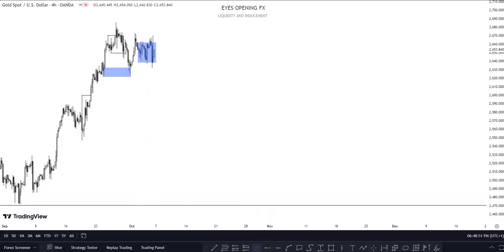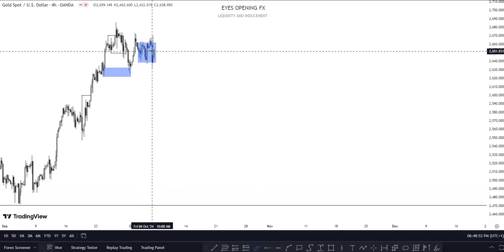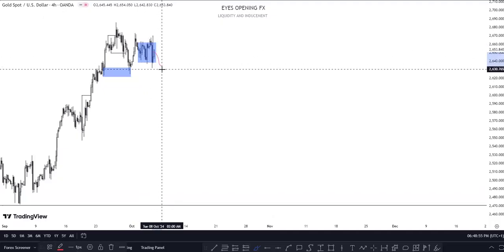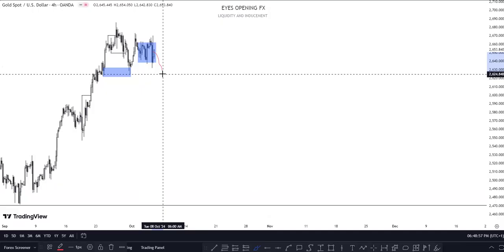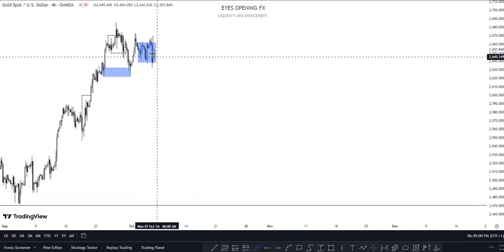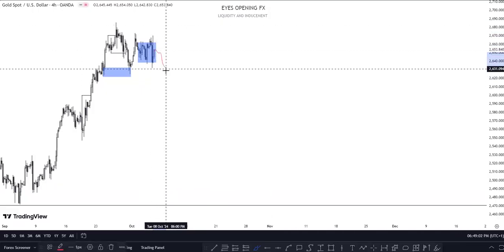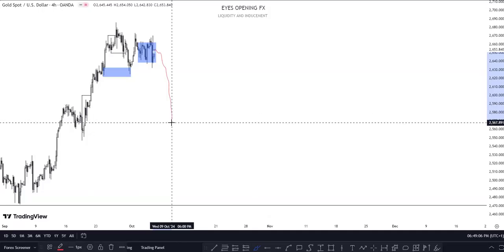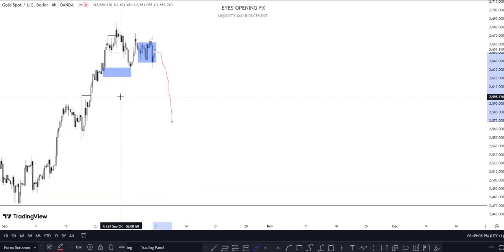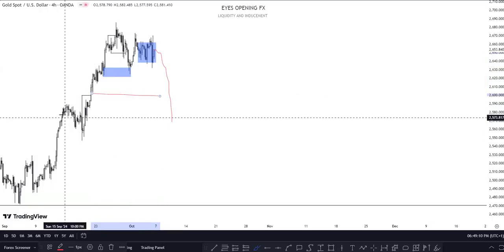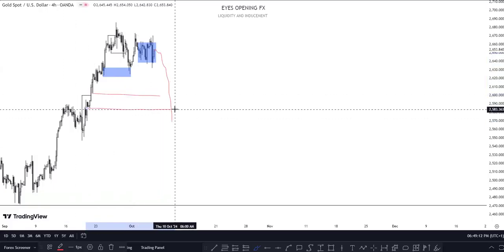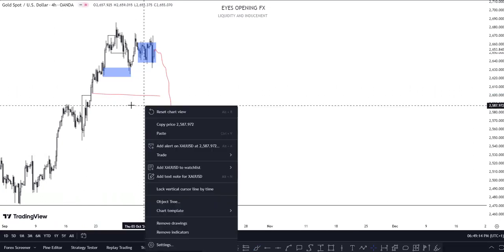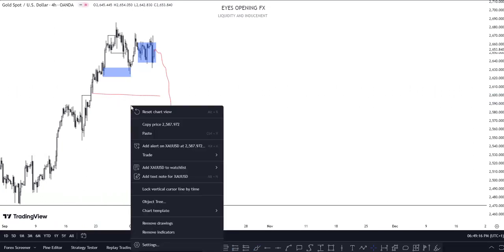Though, since this is a new week, I would like to see a manipulation against this range before a buy move, or if not, we can continue dropping to the downside. This is my second view: the market will drop to the downside into this range. So this is my second view on gold.